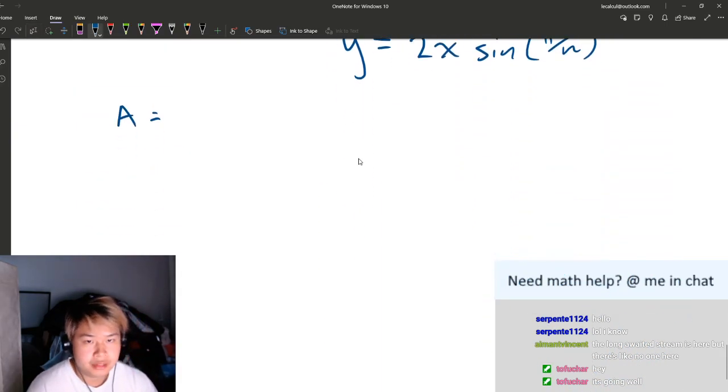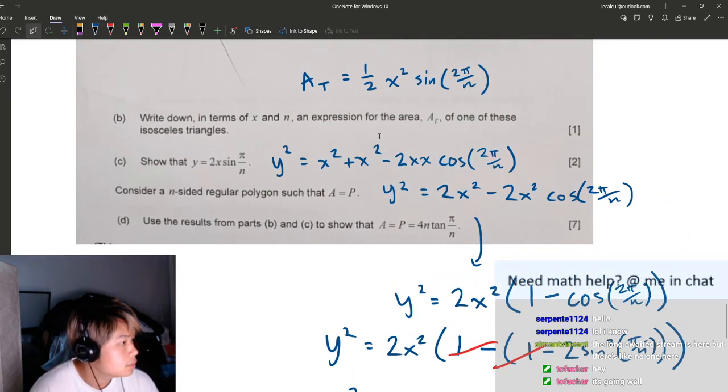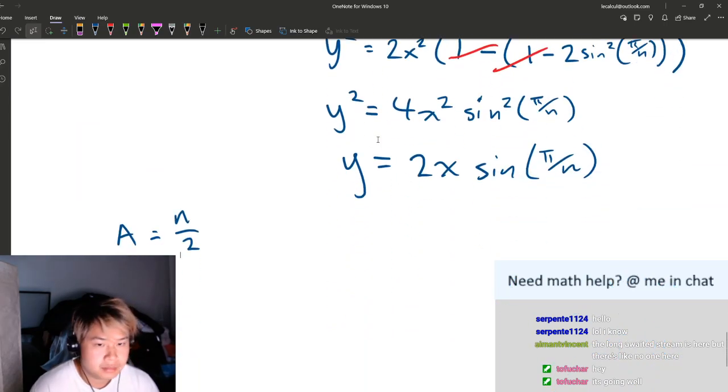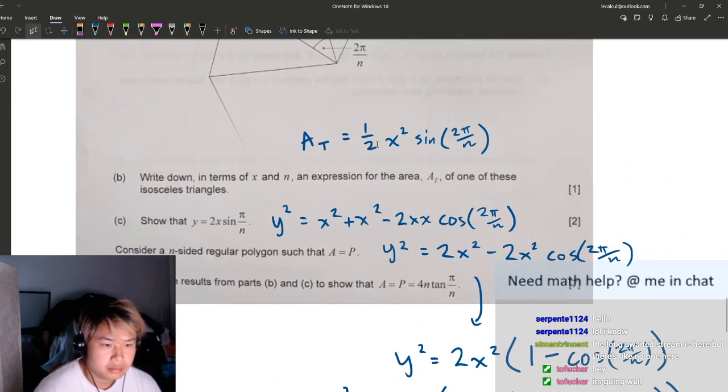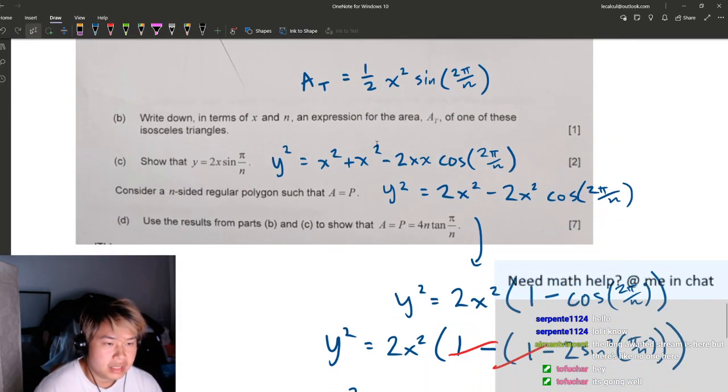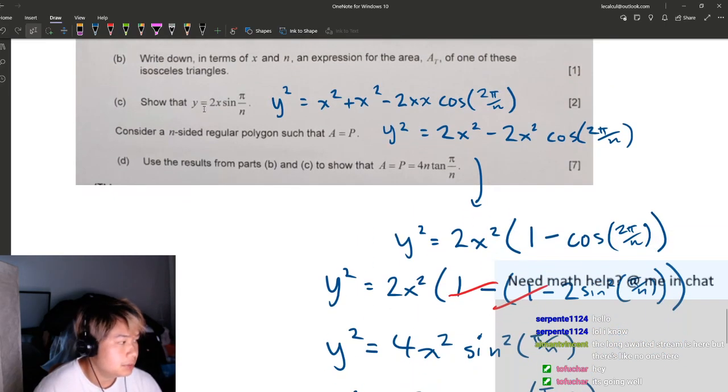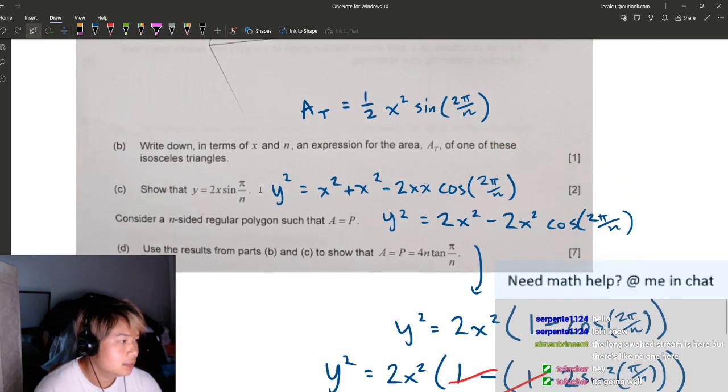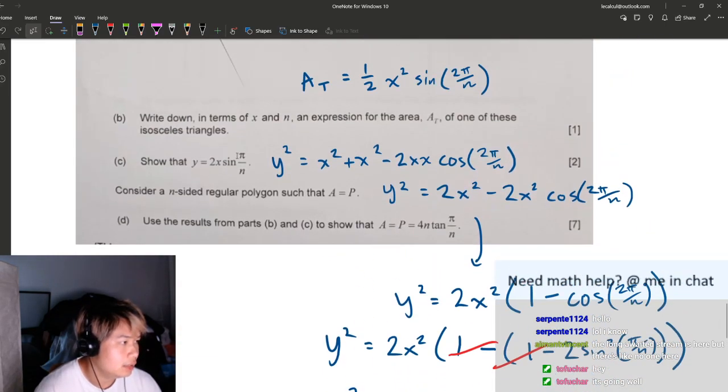So we're going to have n over 2 x squared sine 2 pi over n. And then this is the length of one of the sides, so I'm going to multiply this by n.